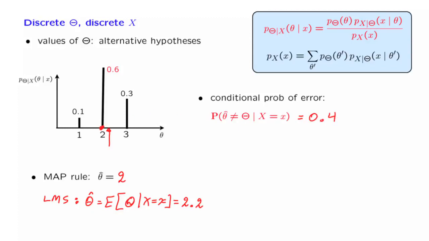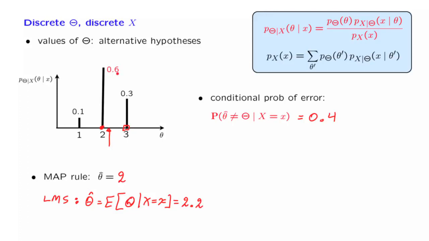If instead of an estimate equal to 2 we had chosen an estimate equal to 3, then the true parameter would be equal to our estimate with probability 0.3, but we would have made an error with probability 0.7, which would be a bigger probability of error.